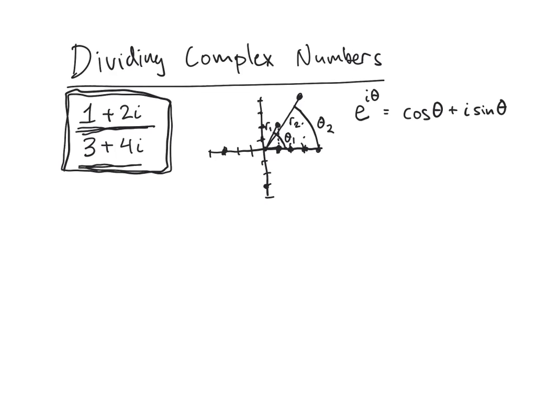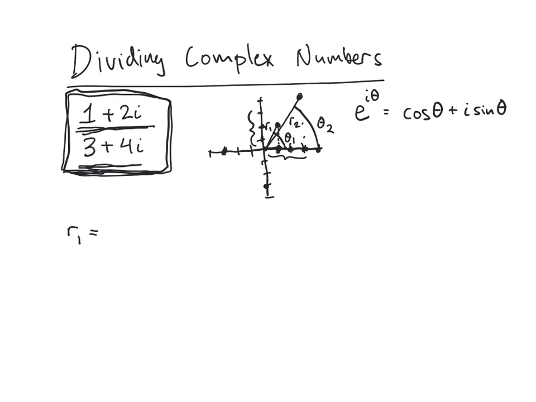Right. The first step towards solving this problem, this division, is to convert these complex numbers into polar coordinates using their radii and their angles. All right, so the way to find the radii, so R1, for instance, is to recognize that R1 is equal to the square root of the x-coordinate of the number squared plus the y-coordinate of our number squared.